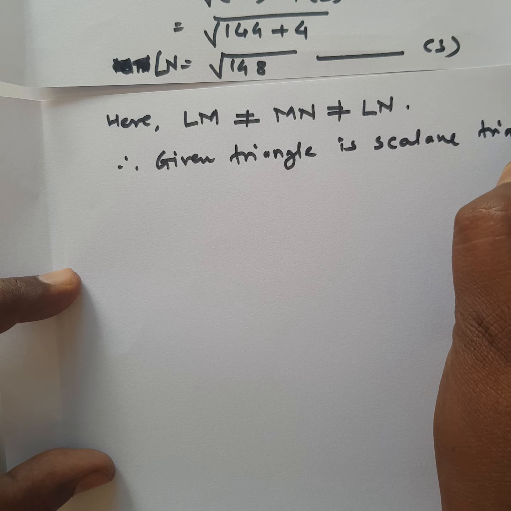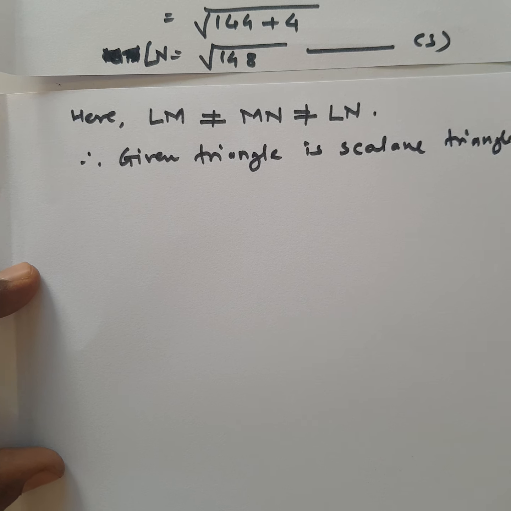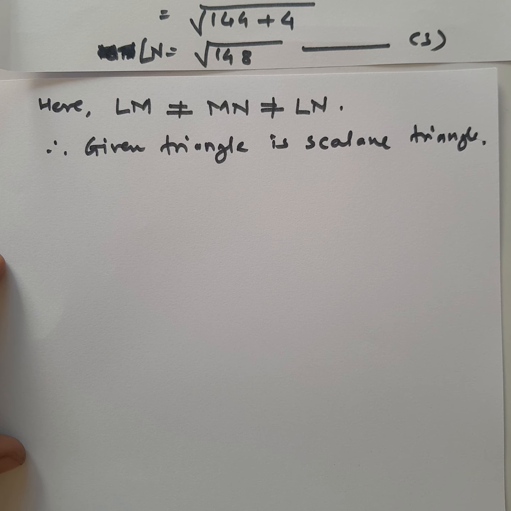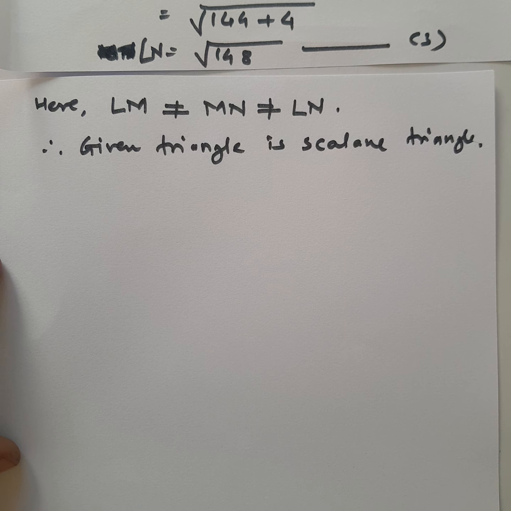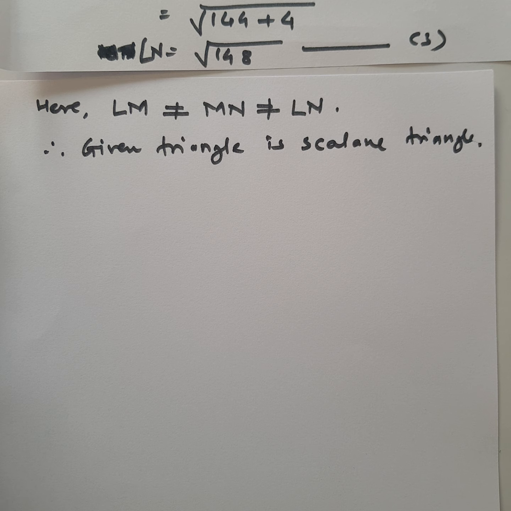If all sides of a triangle are of different length, then it is called a scalene triangle. Therefore, by considering the sides, we can mention the type of the triangle.